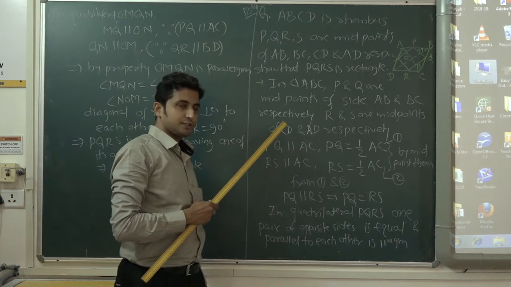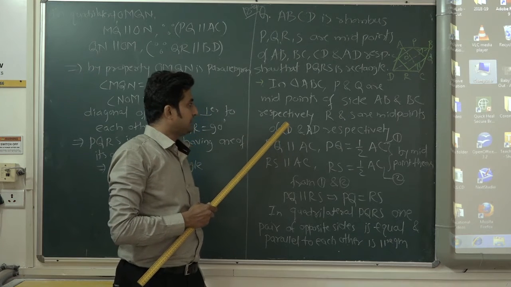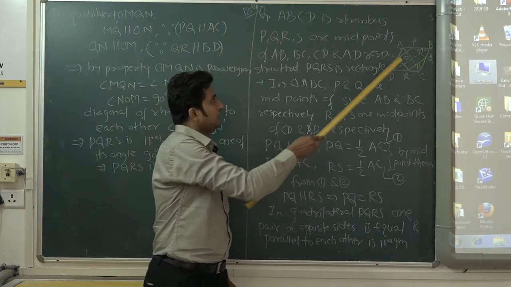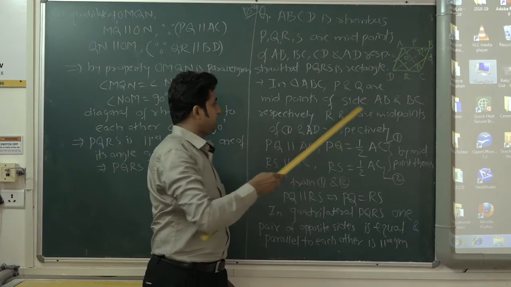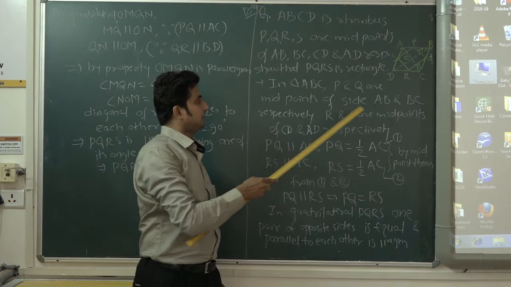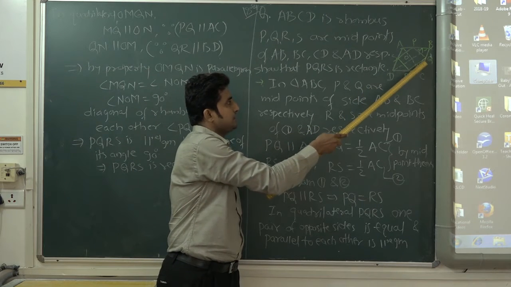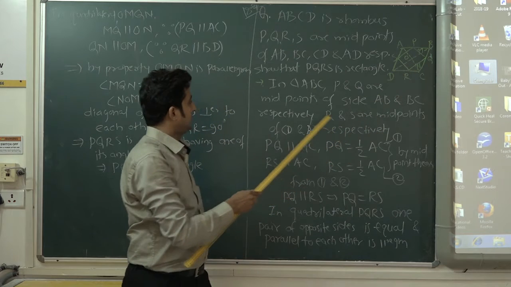Please watch carefully and listen to me. Midpoint of AB is P and midpoint of BC is Q.